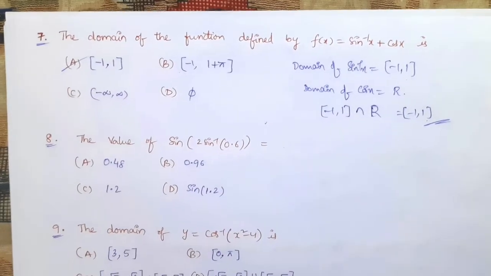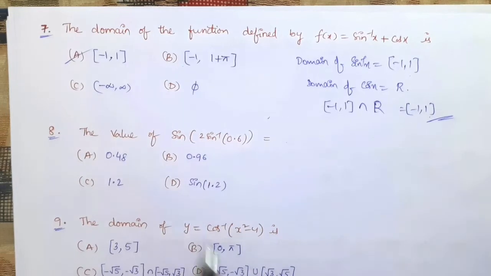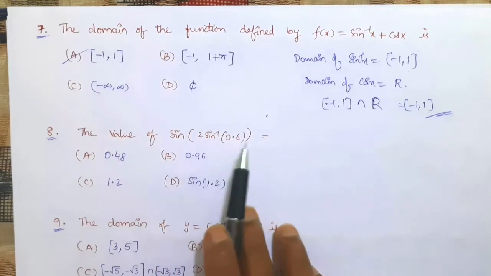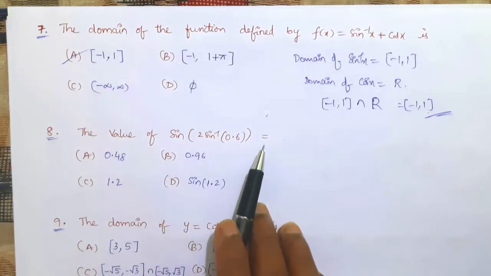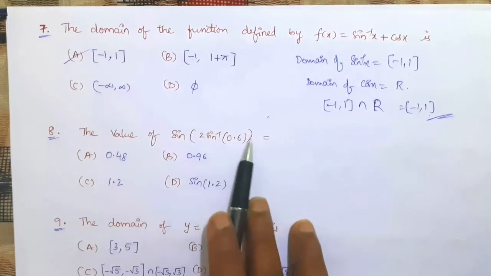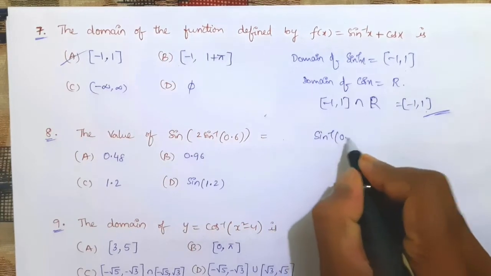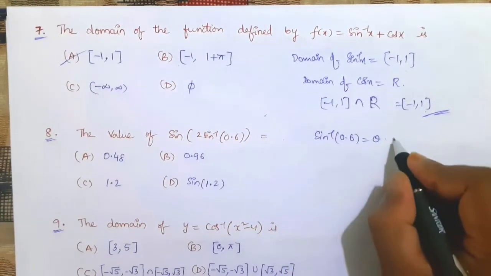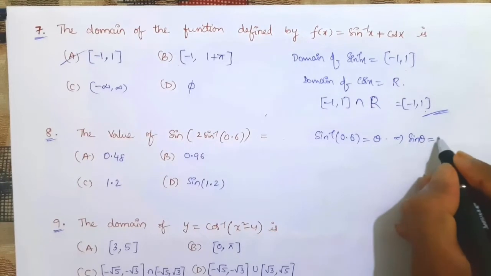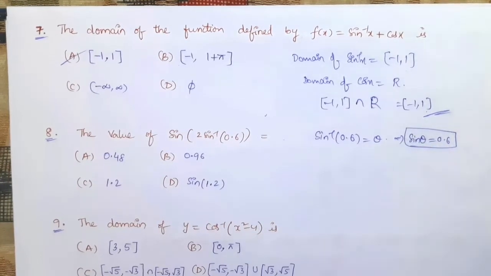Okay, next, the value of sin of 2 sin inverse of 0.6. See, in this type of problems we should consider sin inverse of 0.6 is equal to some theta. Then we will get sin theta is equal to 0.6. Okay.